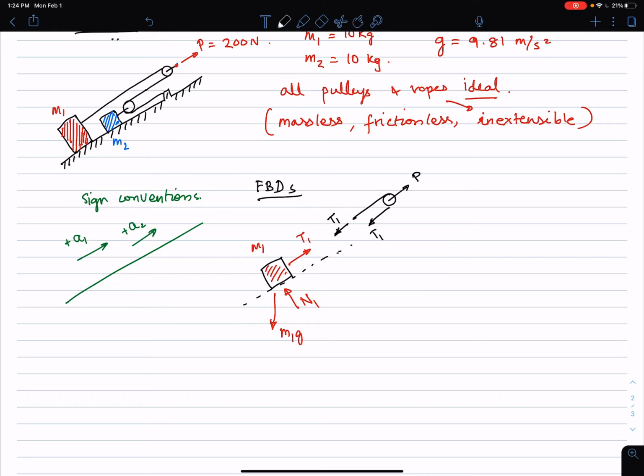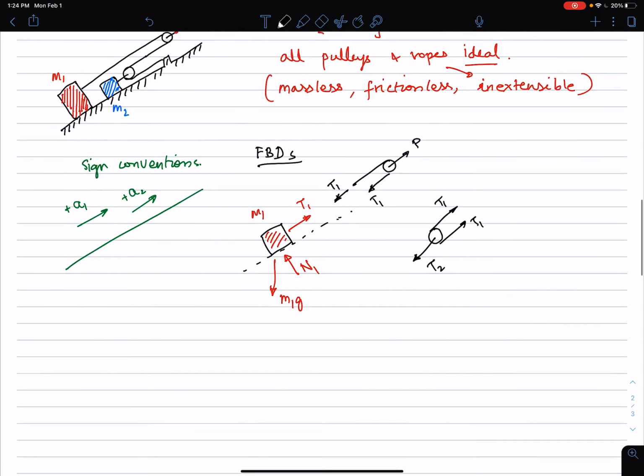And then this pulley is sort of connected to that pulley. So you have the same T1 because it's the same rope, T1. And then this one is a different rope, so it's T2. So this is the second pulley.